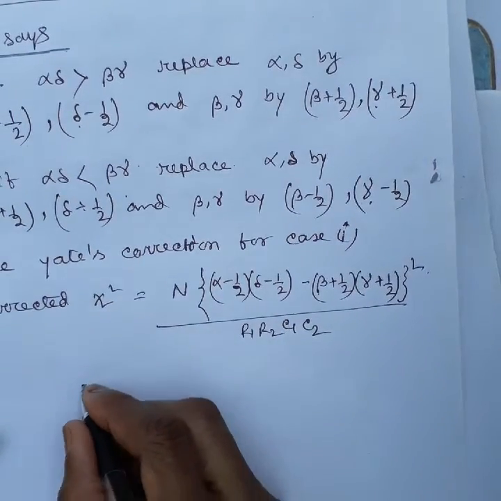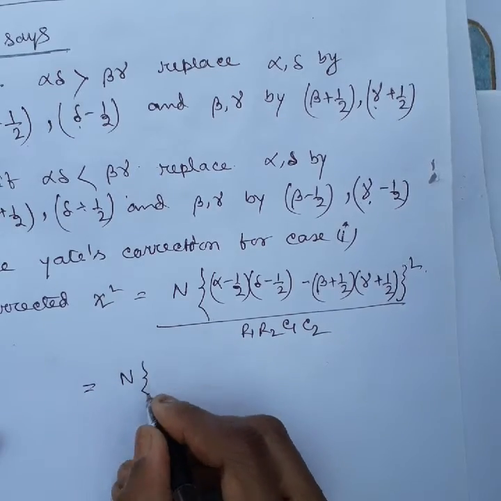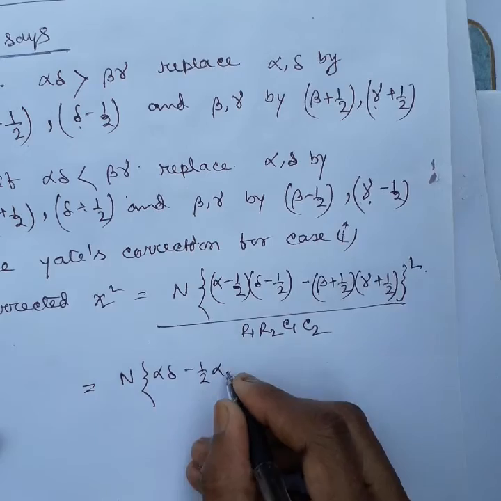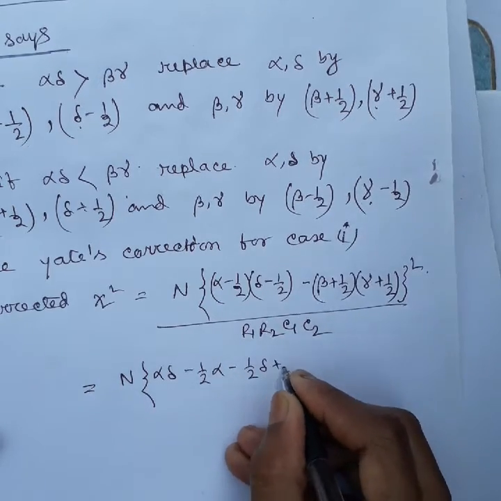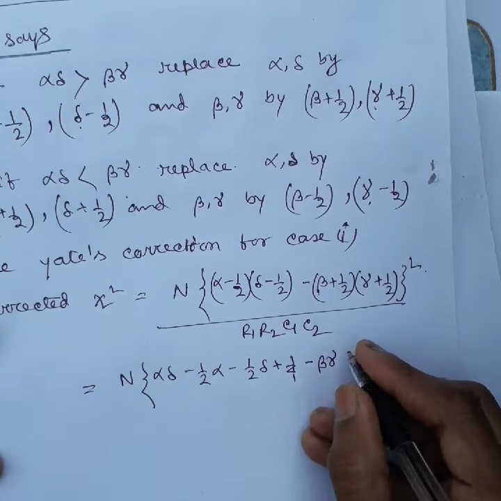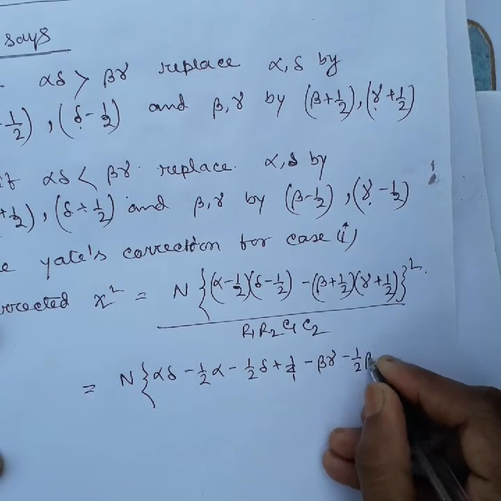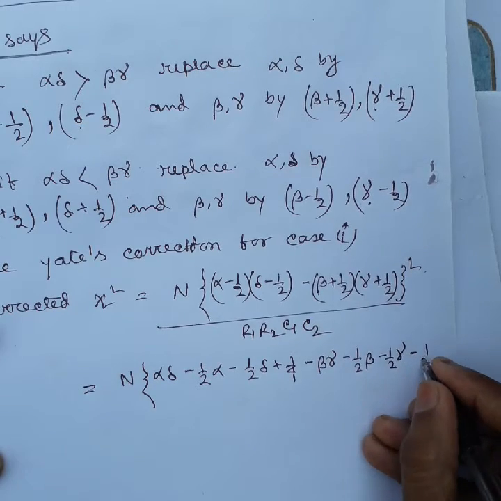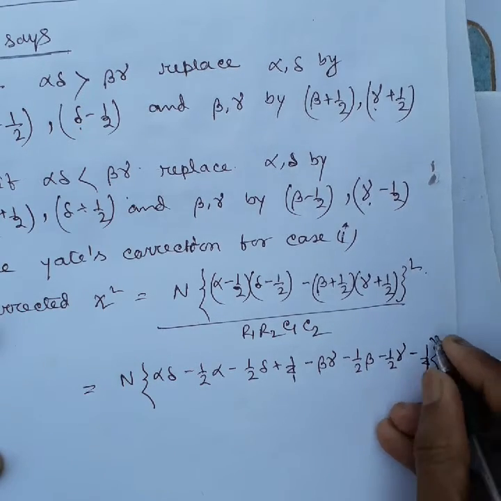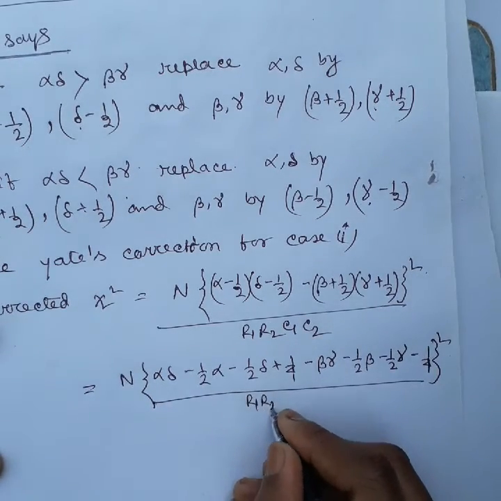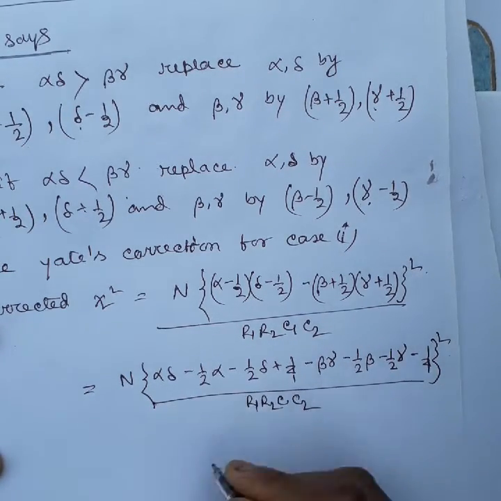So that equals n into alpha delta minus half alpha minus half delta plus 1/4 minus beta gamma minus half beta minus half gamma minus 1/4, whole square by R1 R2 C1 C2.